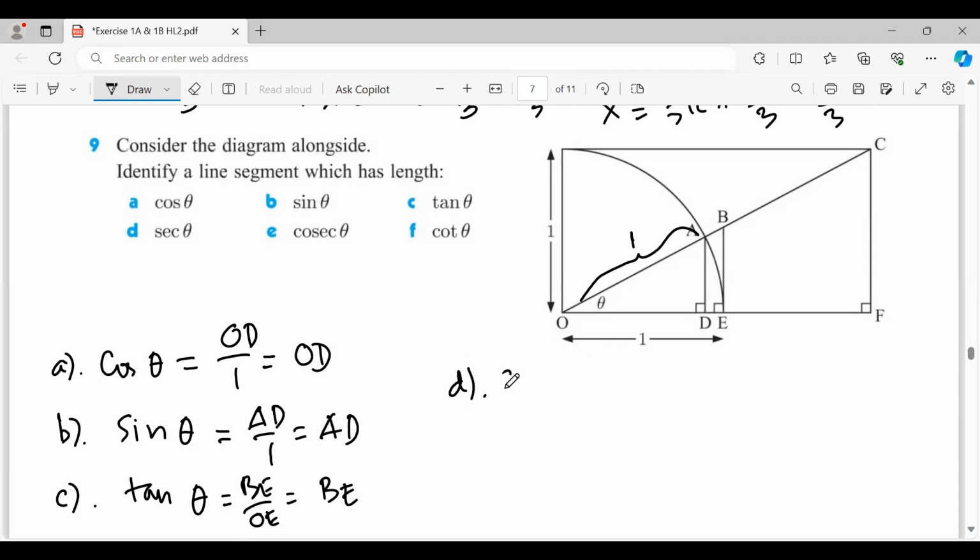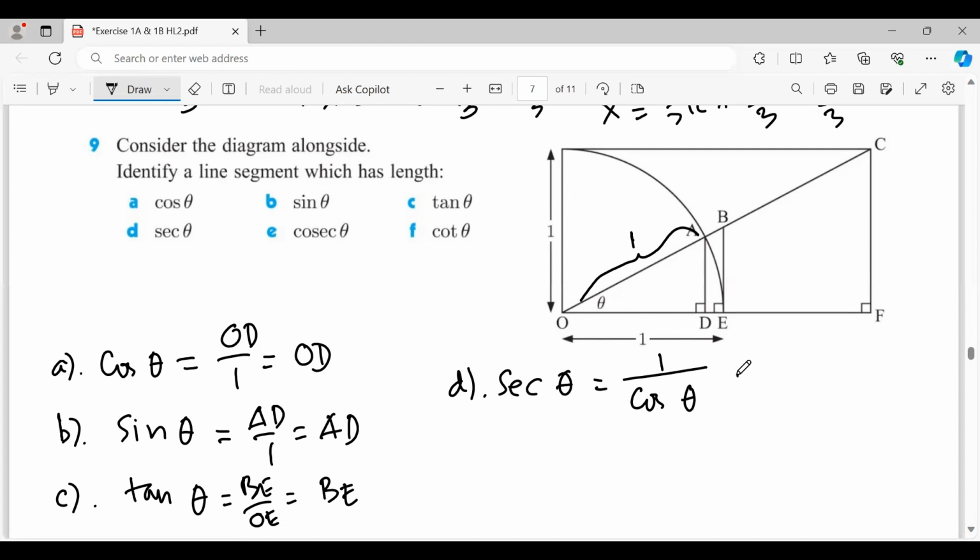D, secant theta. Secant theta is 1 over cosine theta.